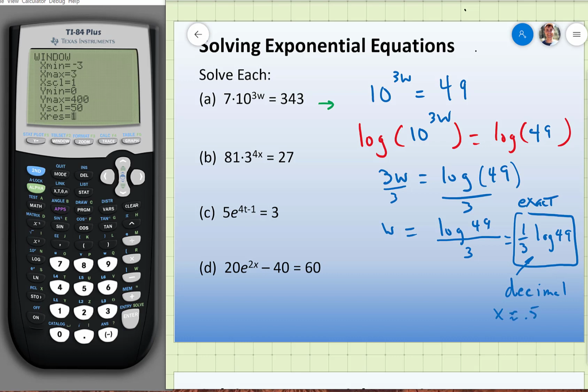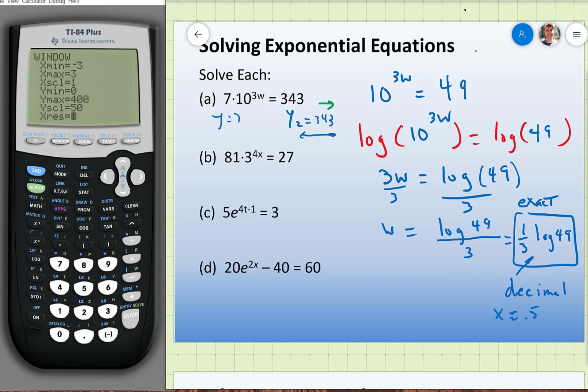It's about 0.5, so I don't need too much in the way of x's. That's why I picked -3 to 3, just so I can see what's going on. Now on the y's, y2 here is 343, so I'm going to have a horizontal line at that value. So it needs to be a little higher than 343. That's why I put 400.